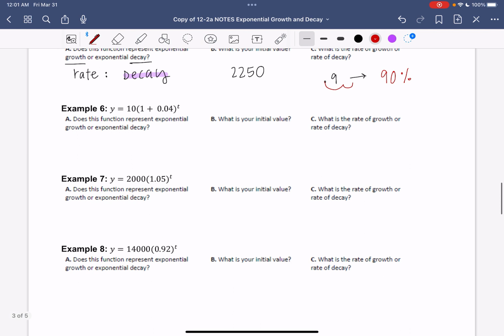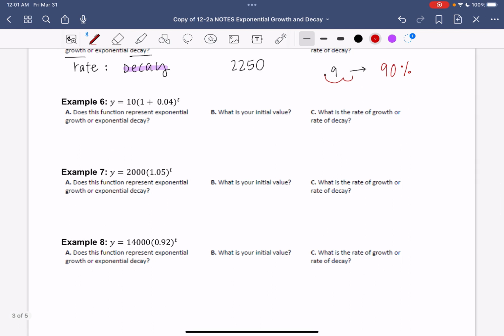All right. So for this one right here, does this function represent exponential growth or decay? Again, you're looking in the parentheses when you're wondering that. Because it's adding a rate of 0.04, this is going to be a growth.